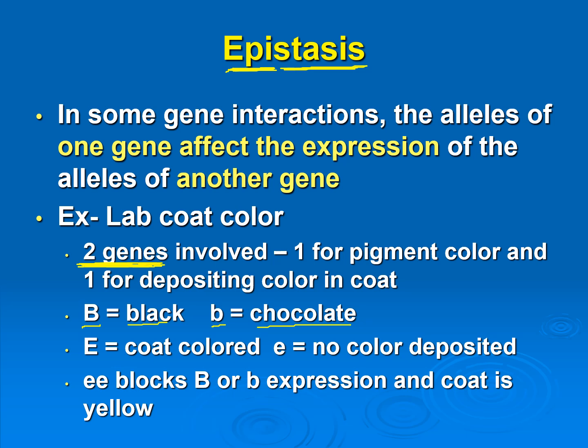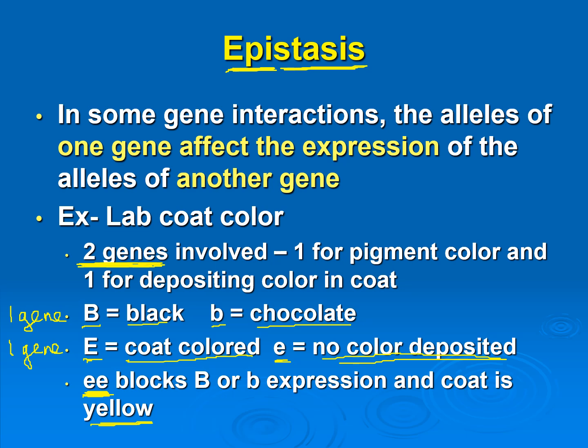And then the other gene, this E gene, will tell you whether you can deposit the color or not. So the dominant gene says, yes, you can put down the color, whether you're supposed to be black or chocolate. And then the recessive gene says, no, you can't put that coat color down. So if you're homozygous recessive for that E gene, that means you won't put the black or chocolate color down at all, and the coat color will be yellow.